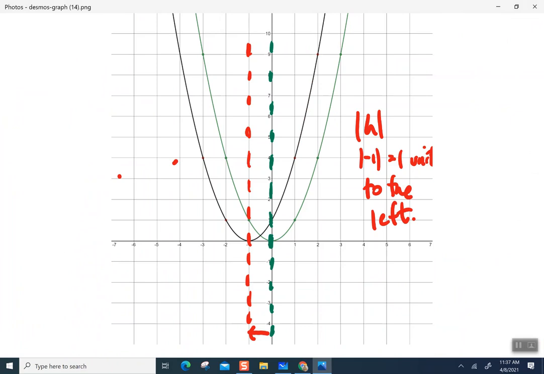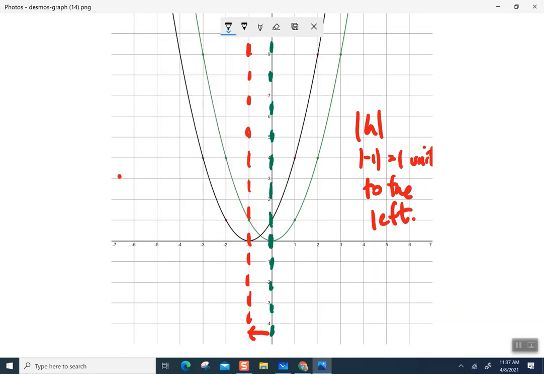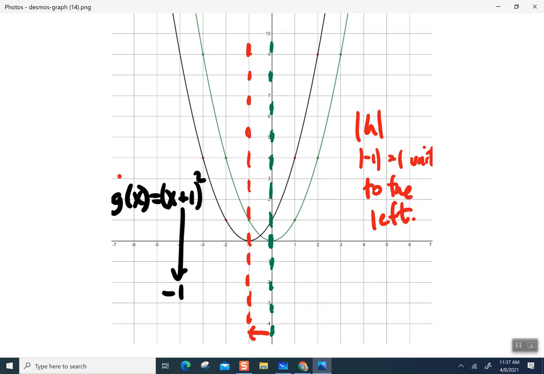Even though, again, I hope this makes a little bit of sense, even though g of x, and I gotta be careful the way I do this, even though g of x was equal to x plus 1 squared, it looks like it moved -1 to the left, and that's exactly what it did. Now, why is this working?